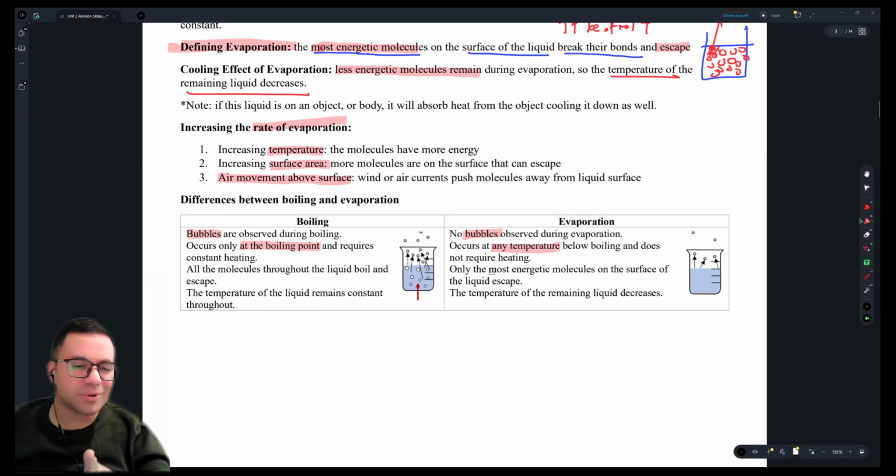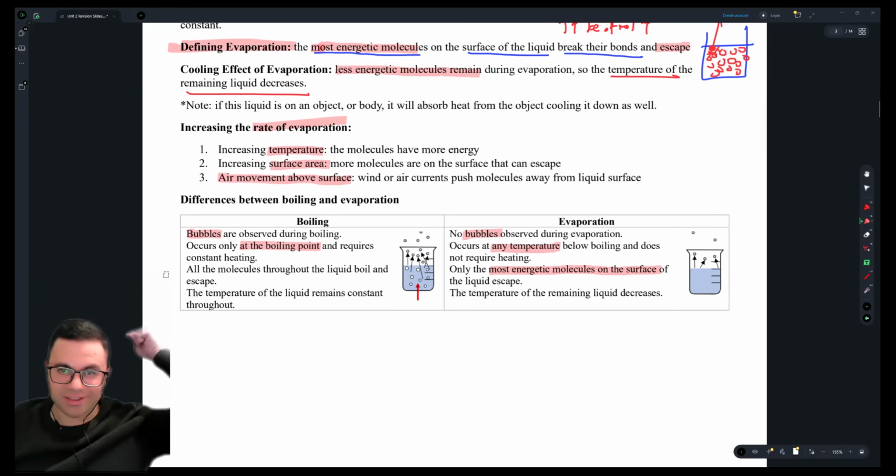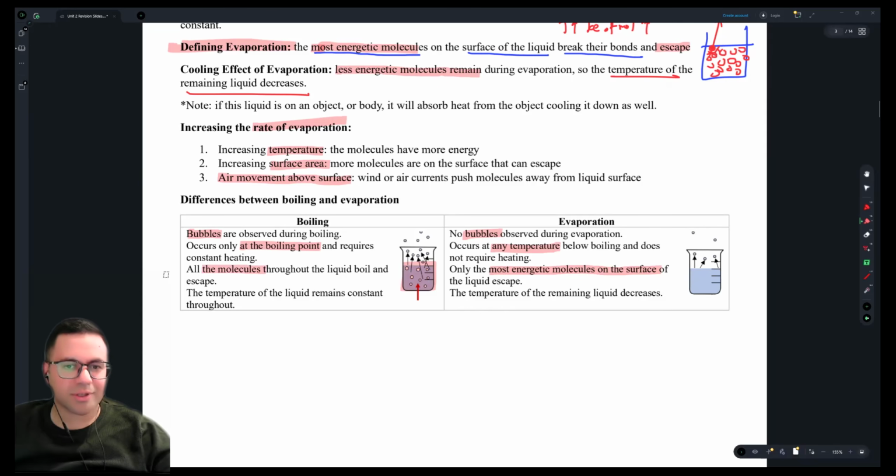And this one's important because this was part of the definition of evaporation. Evaporation only happens to the most energetic molecules on the surface, so there's a condition. Boiling doesn't have that condition. Sure, it has a condition, which is at the boiling point, but then it doesn't have a location condition. Everything boils. All the molecules throughout the liquid boil. Evaporation only occurs here.